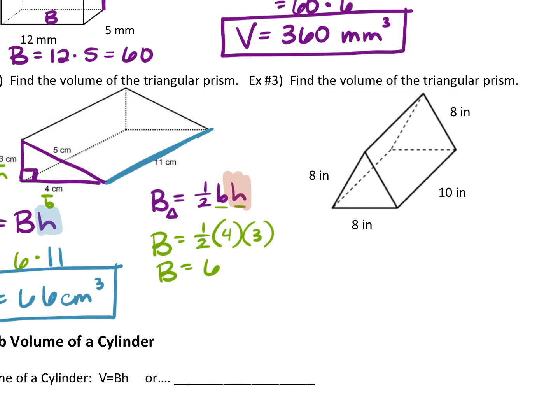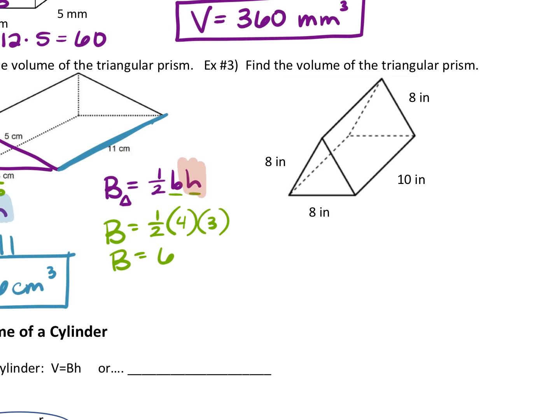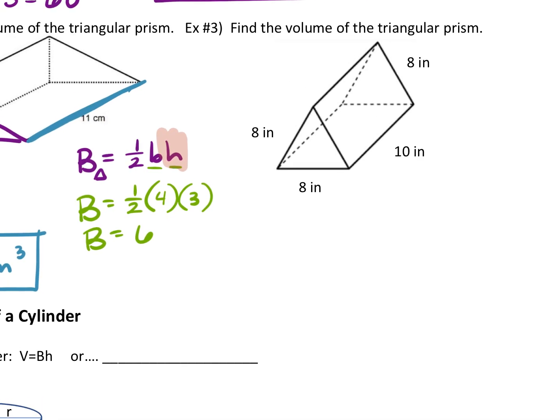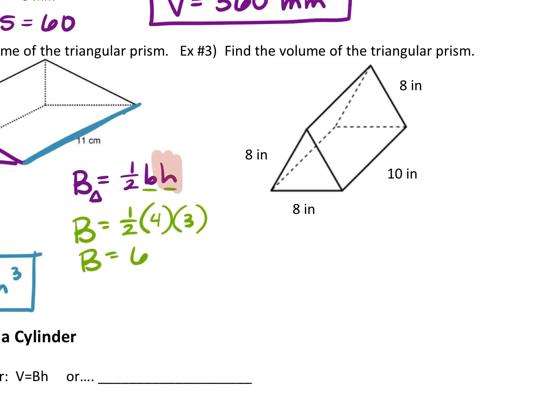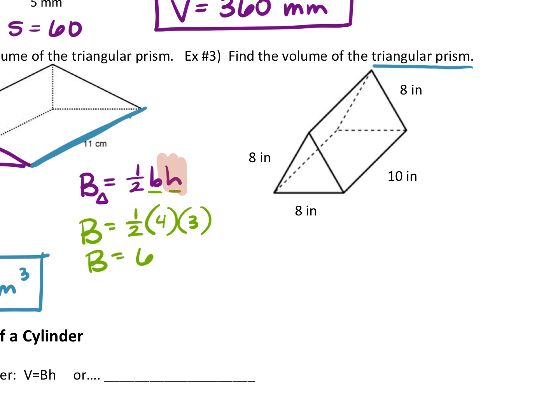Okay. I feel like this one is a little more difficult still. What is this figure? What's it called? It's a triangular prism. They told you that, right, in the problem. This is a triangular prism. So your base is what shape? A triangle. Okay.